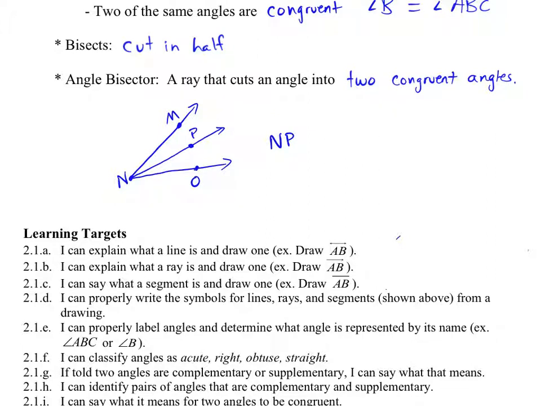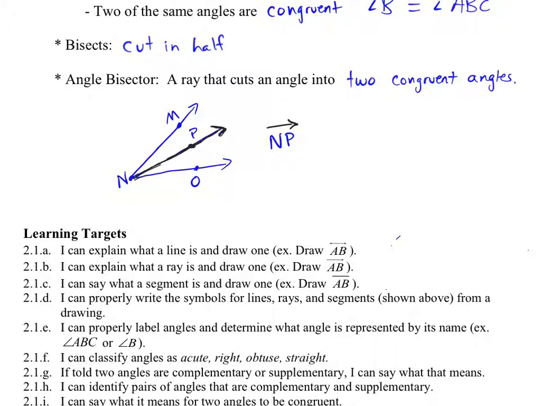So in other words, this middle part here. What do I put above the letters N and P if I'm trying to represent that? Like that? Go this way. Yep, we need to have the arrowhead on it because it's a ray. It starts at N, goes through P, and keeps going.